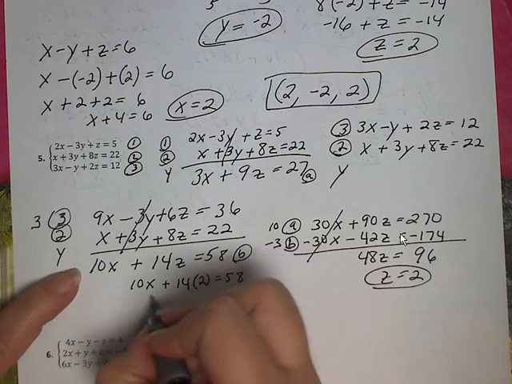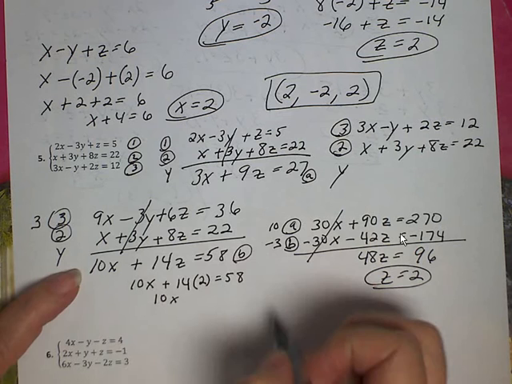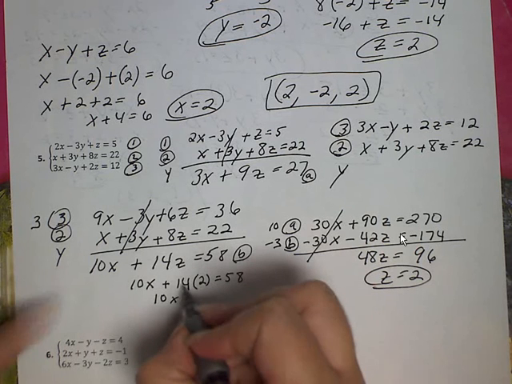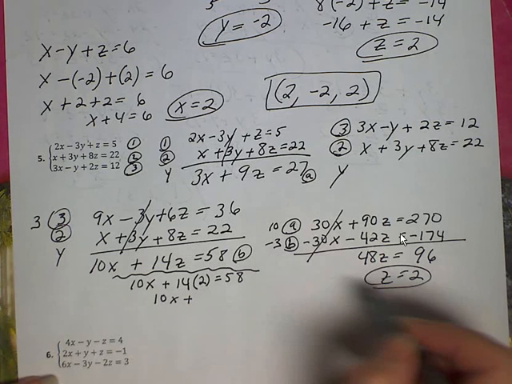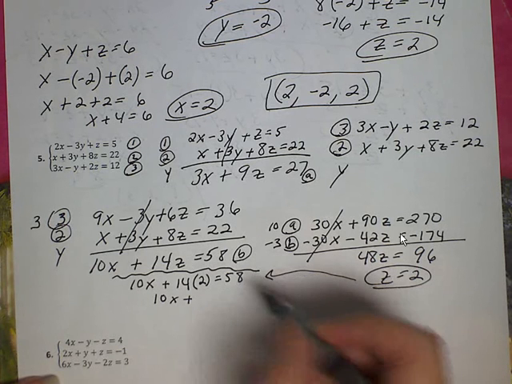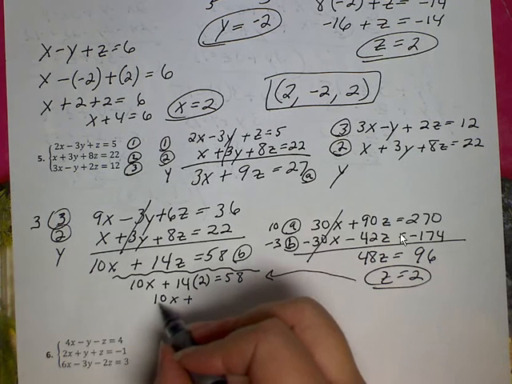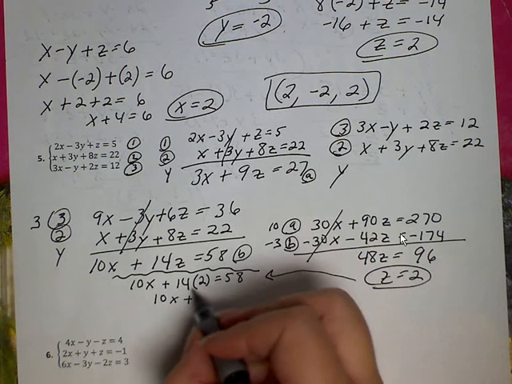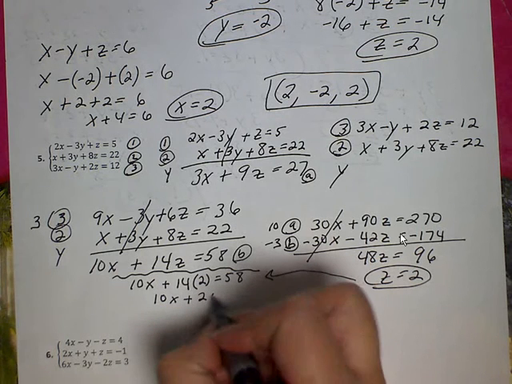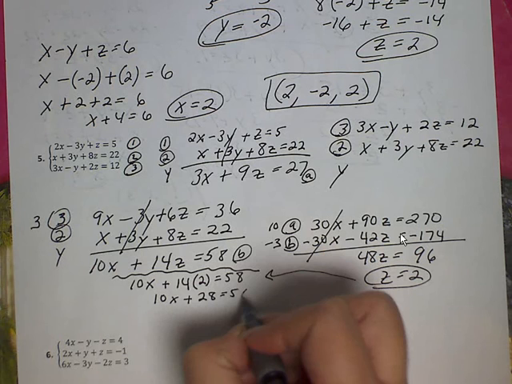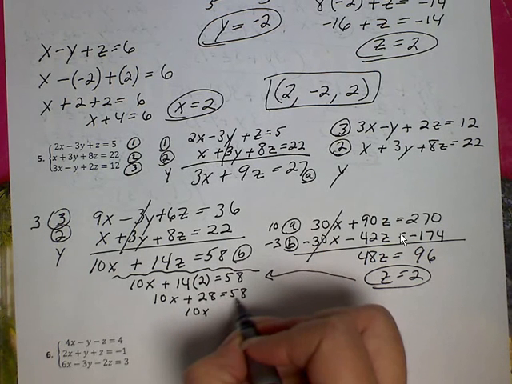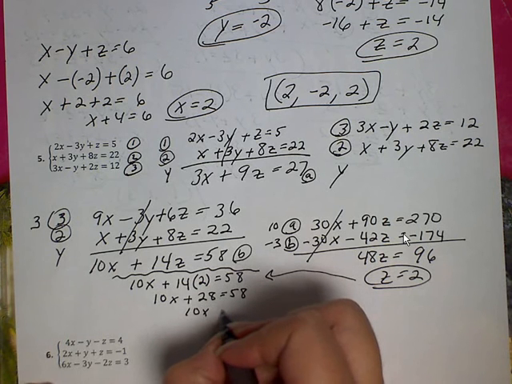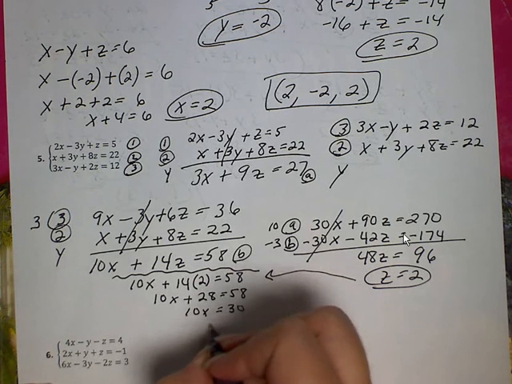So I have 10x plus 28 is equal to 58. 10x, subtract, so I got 58 minus 28 is 30. So x is 3.